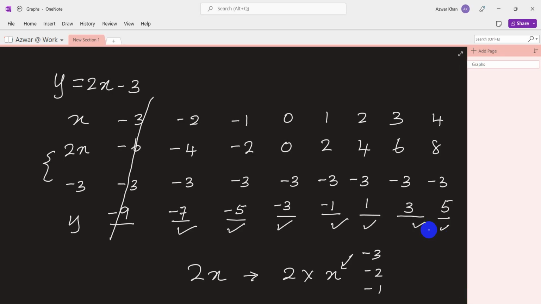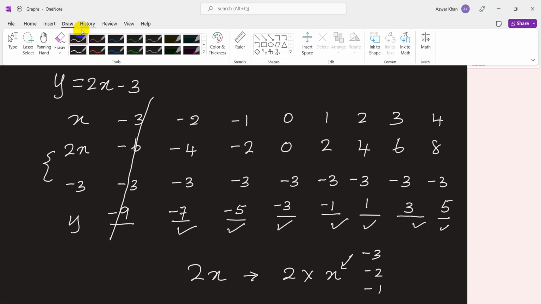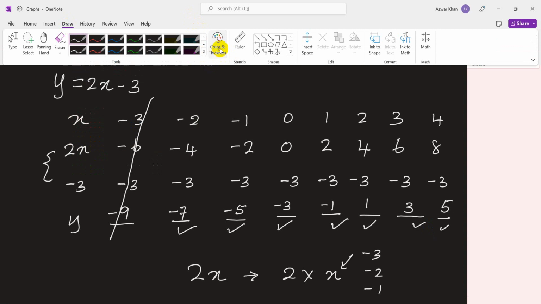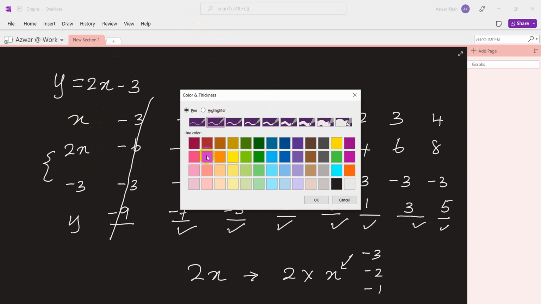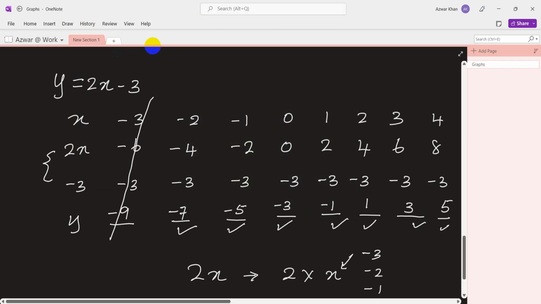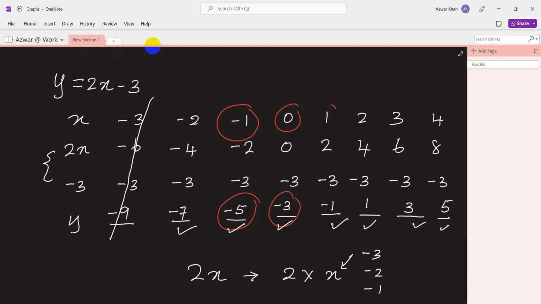So these are the values I am going to use for each point, the coordinates, so that I can simply draw the given graph.